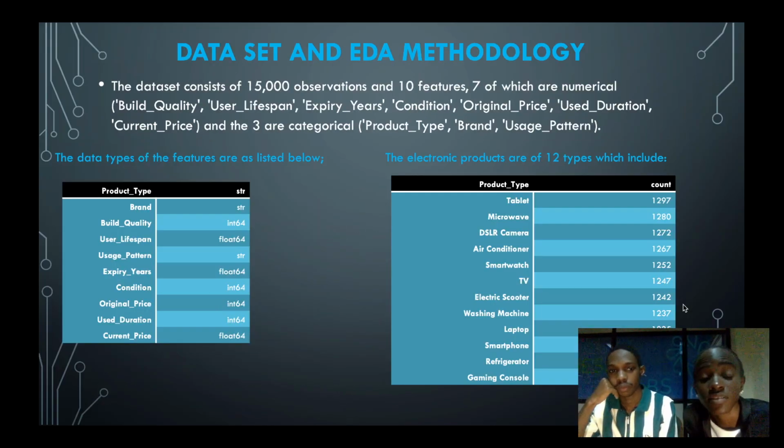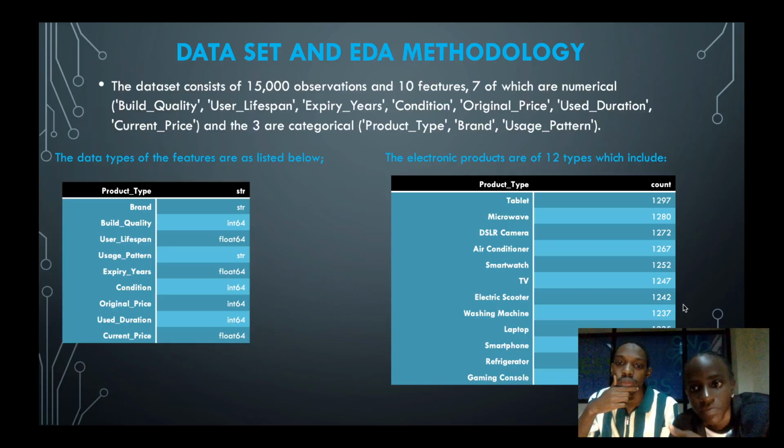Now this is our data set and exploratory data methodology. Our data set consists of 10 features, and in these 10 features we had 15,000 inputs. The features, we have the build quality, user lifespan, expiry years, etc. I'll be explaining more on these features, what they mean, as we proceed.